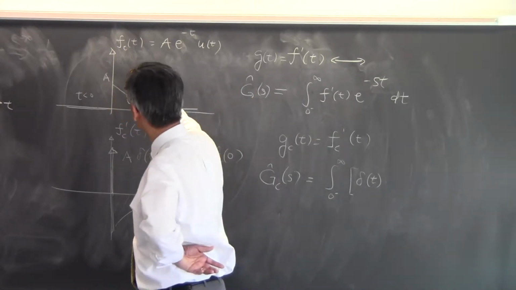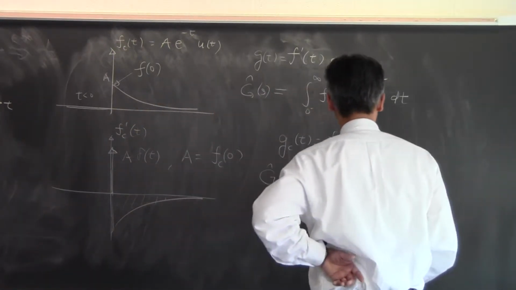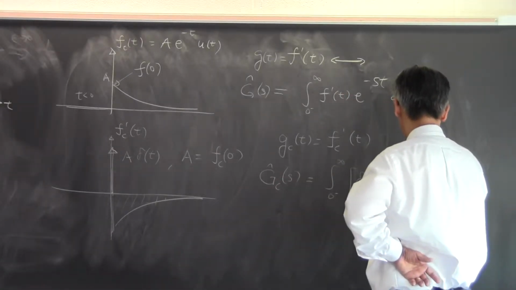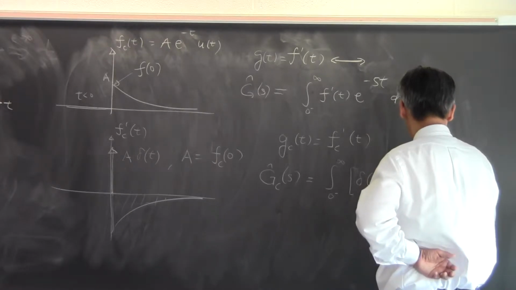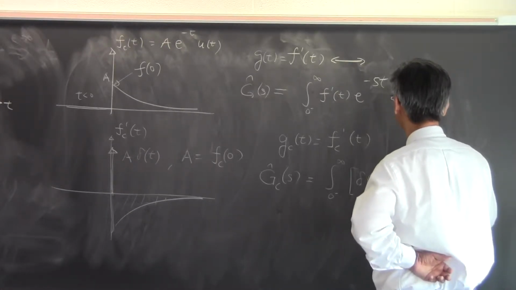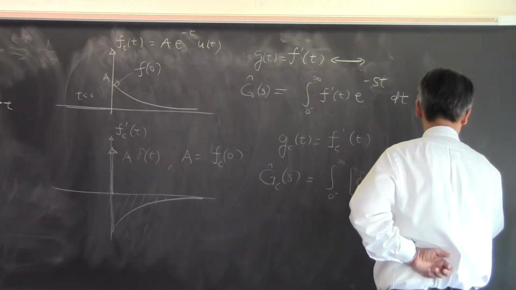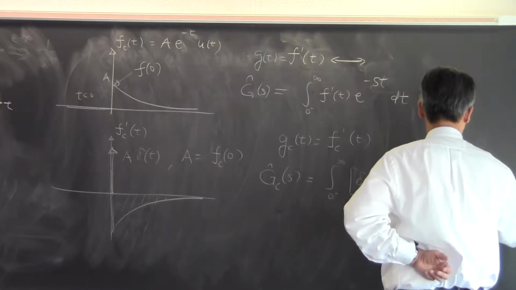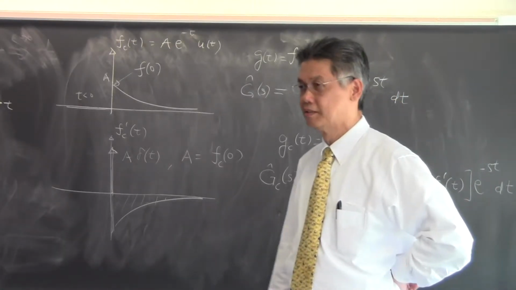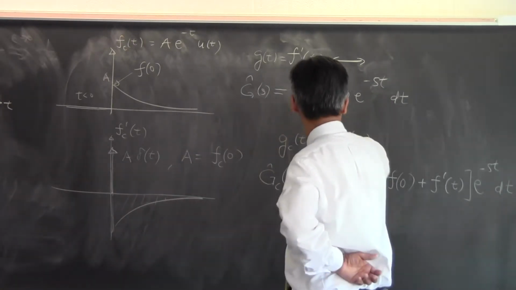The delta function term has the height of f of 0 right at that point, plus the rest of gc prime of t just looks exactly like f prime of t. This part looks exactly like this part over here.